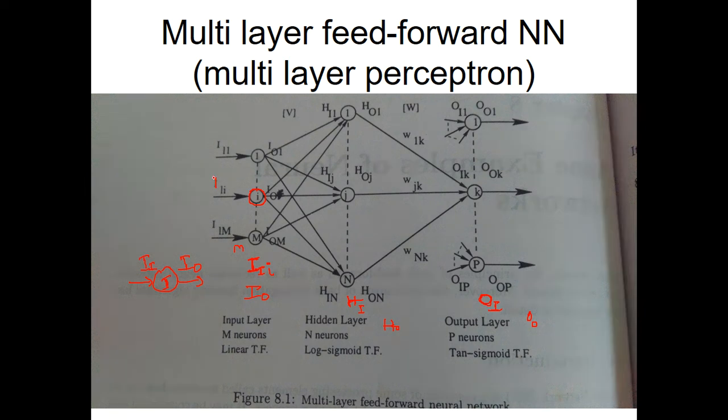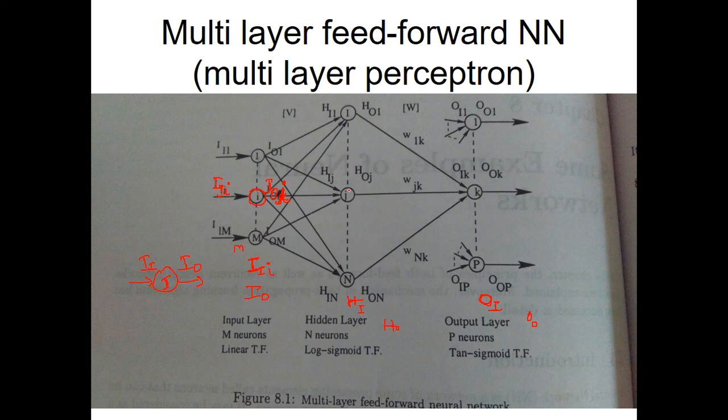So the left side will be I, again I, right side will be I, O output, and ith layer. Although it is going to jth node subsequent side, so it will be J, I, O, I.